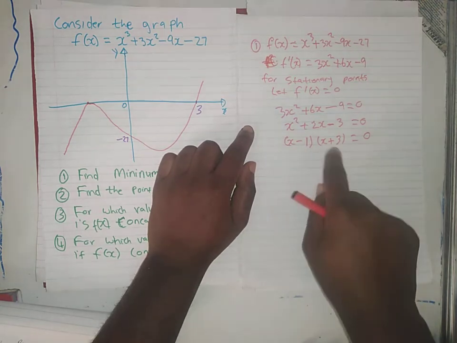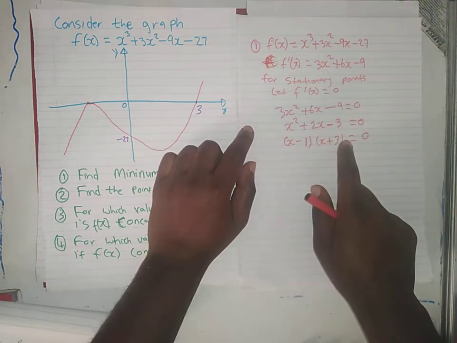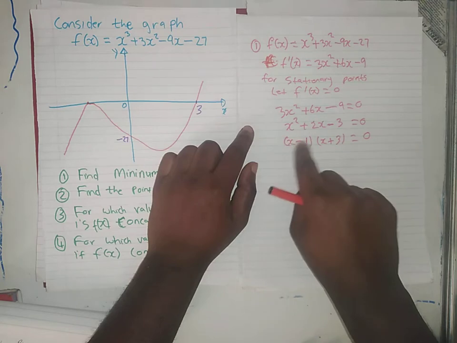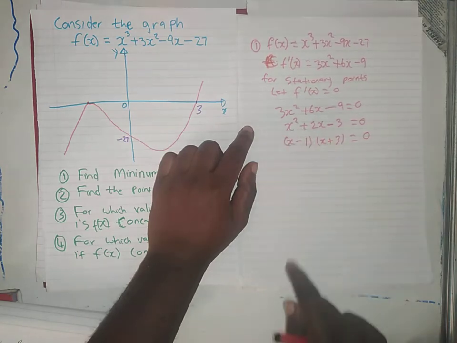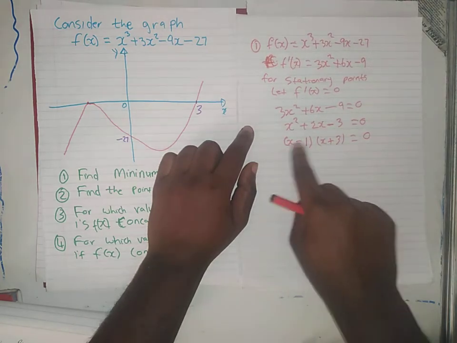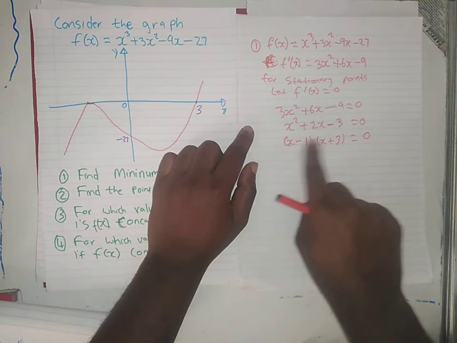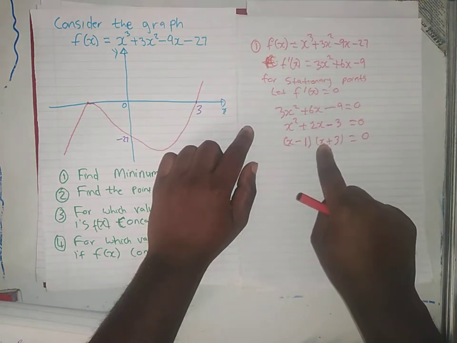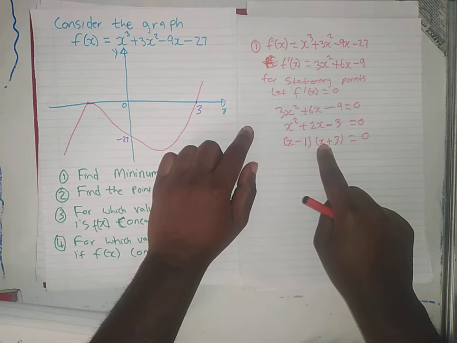Before I go further, ladies and gentlemen, please do not forget that you need to multiply this out and make sure that it gives you this. So x times x gives x squared, x times 3 is 3x, and x times minus 1 is minus x. So 3x minus x gives me 2x.